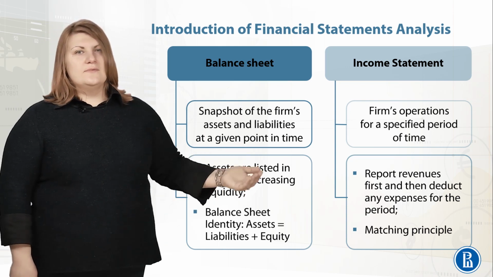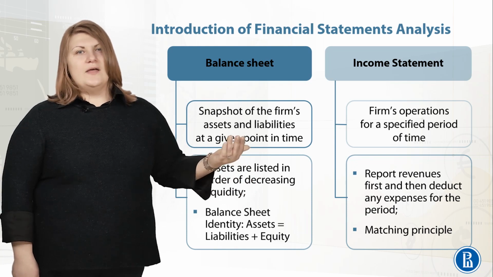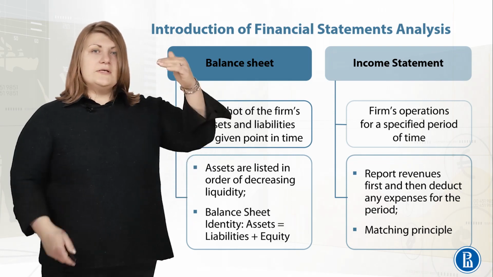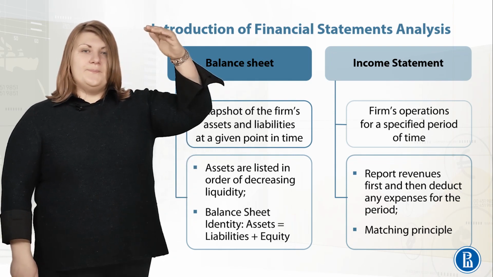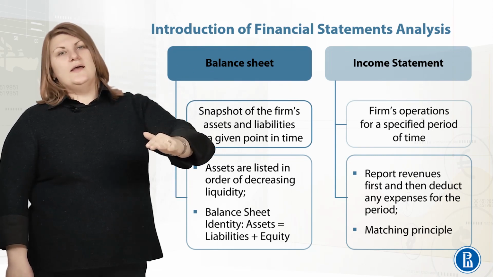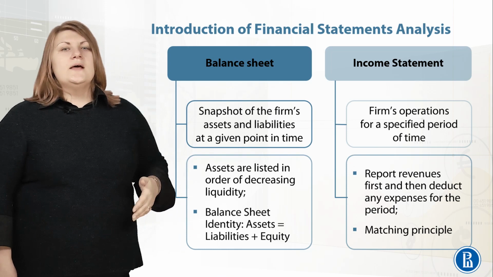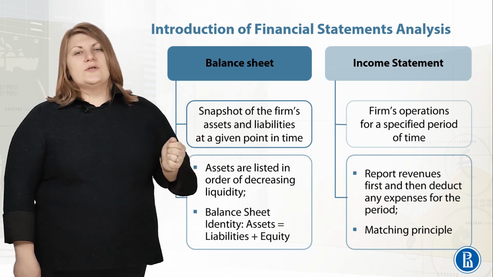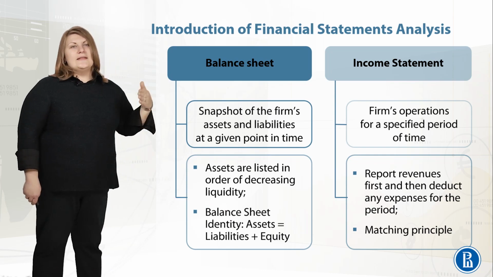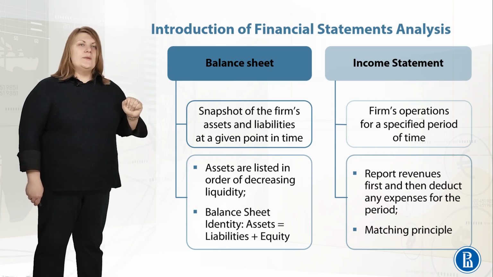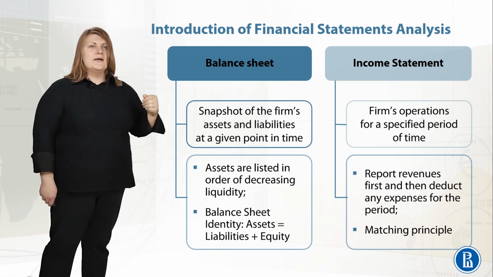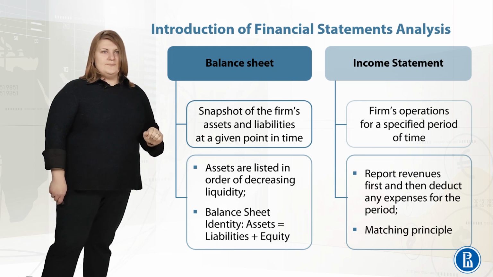That's just the same. On the left side, you have assets. On the right side, you have liabilities. Or you can have a vertical balance sheet where you have assets at the top of your report and liabilities at the bottom. Now, assets will be listed in order of decreasing liquidity, which means that less liquid assets will open our report and be placed at the top of the balance sheet.